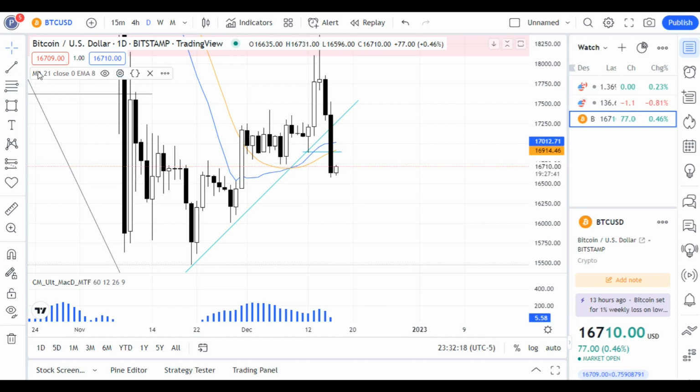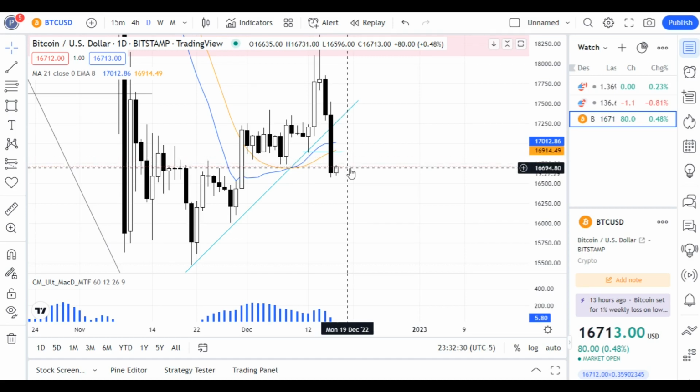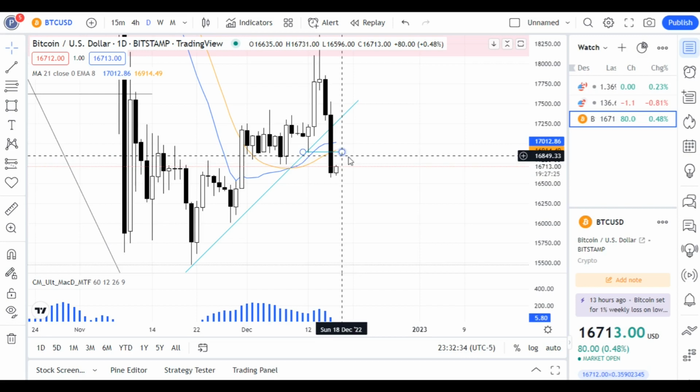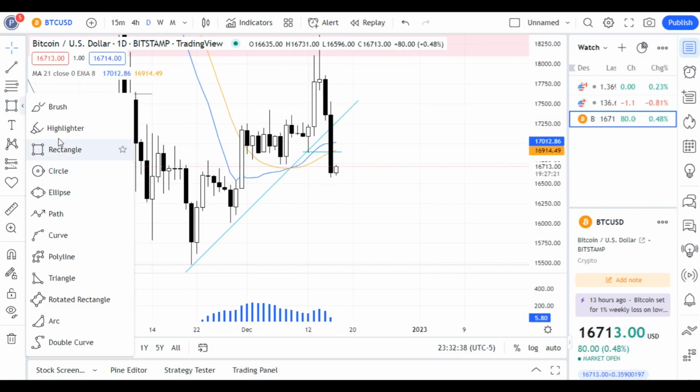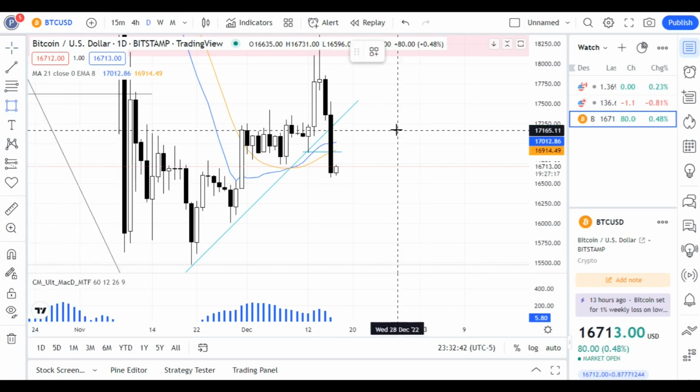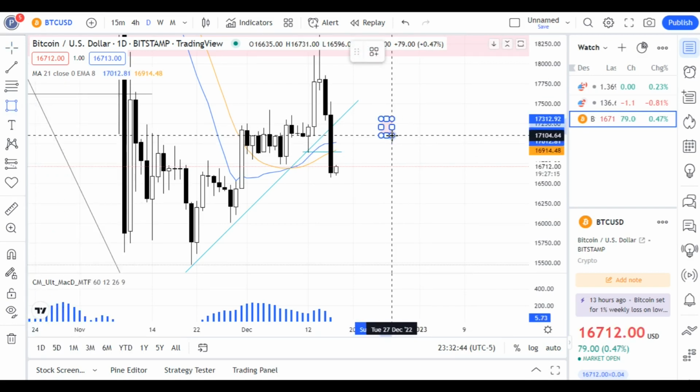Assuming the next candle comes up here, a buy candle which comes up here like this, yes, then what will happen is, let's try to use this.